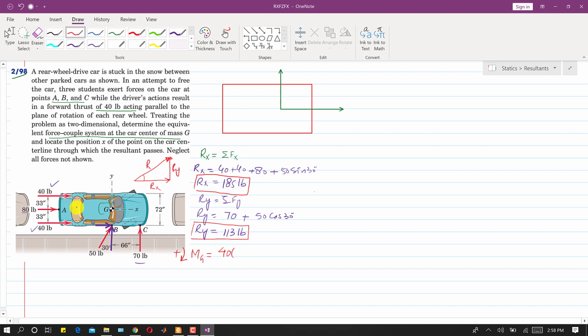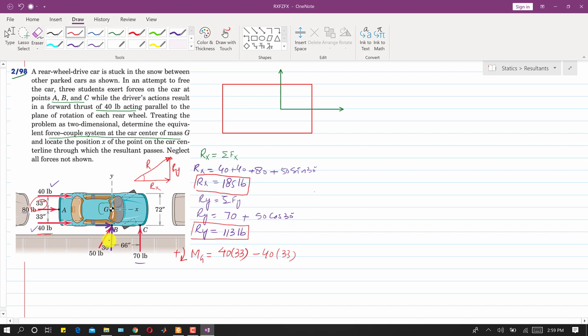The perpendicular distance of this 40 pounds from this point G is this 33 inches, so I will multiply this by 33, right? And this force is passing through G, so it will not produce any moment. Now this one is producing counterclockwise moment, so I will write minus 40 into 33. The perpendicular distance of this 40 is also 33 from this point G, right?